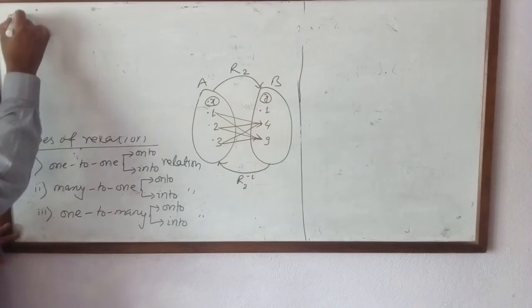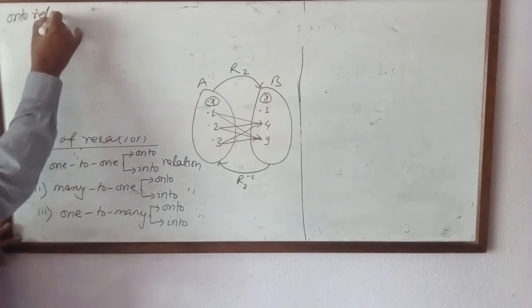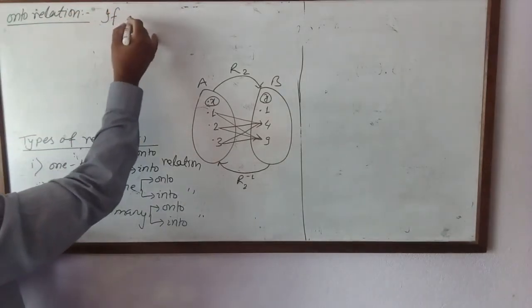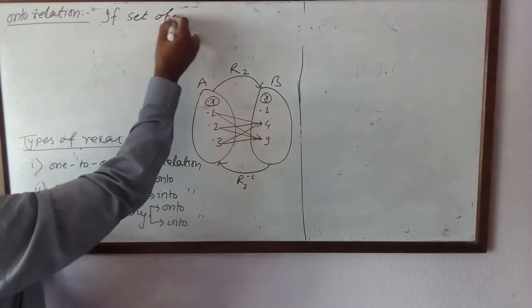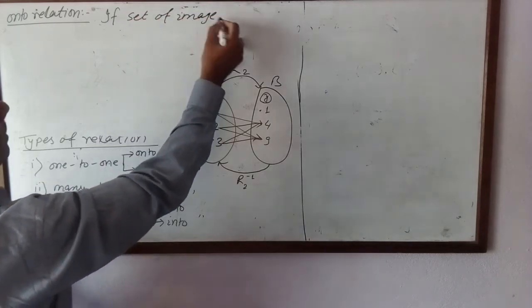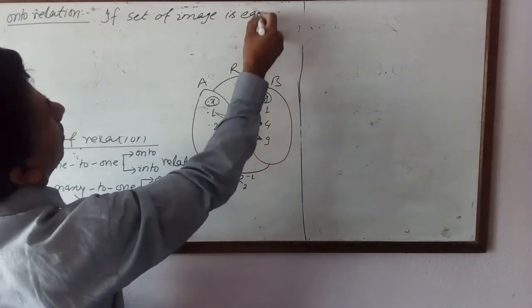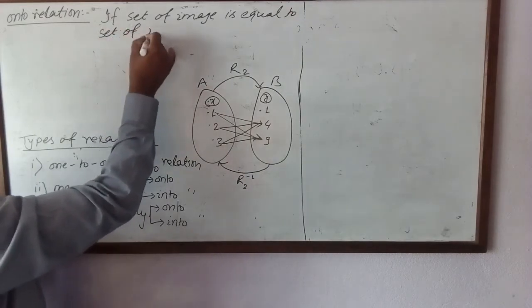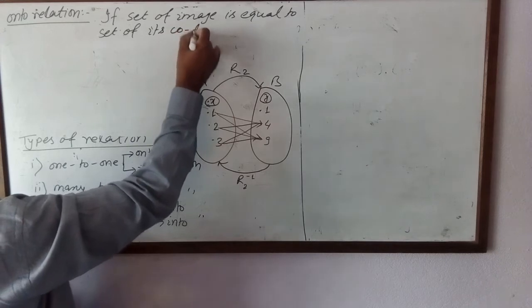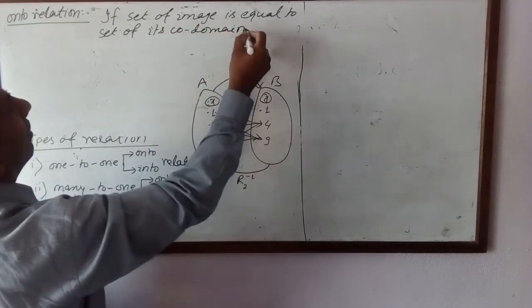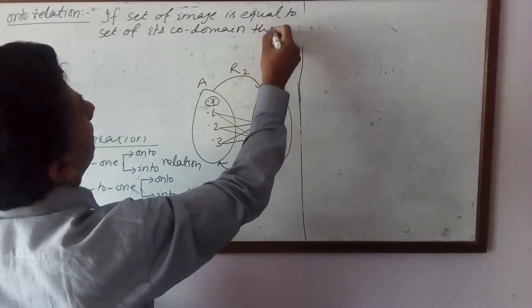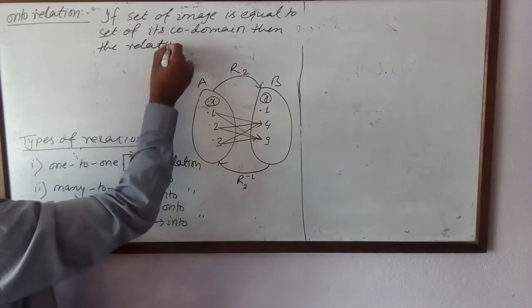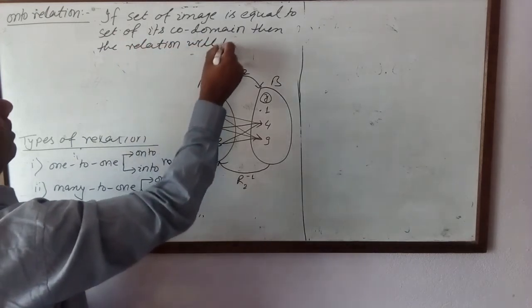Now onto relation. If the set of image is equal to the set of its codomain, then the relation will be onto.